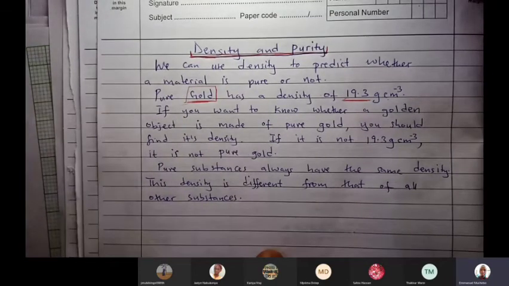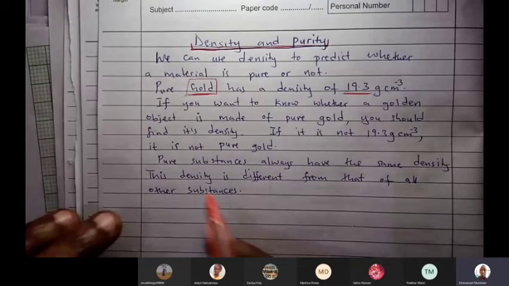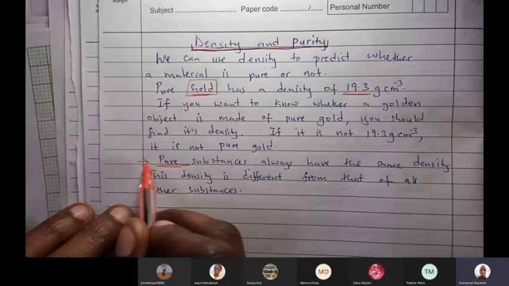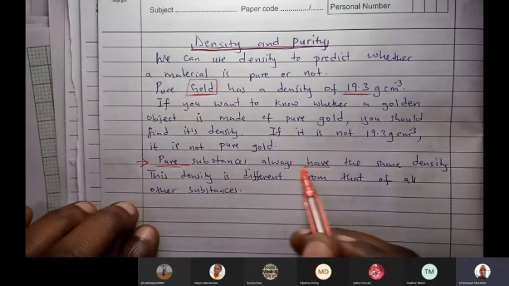And then we are saying, as we wrote earlier on, that pure substances always have the same density.